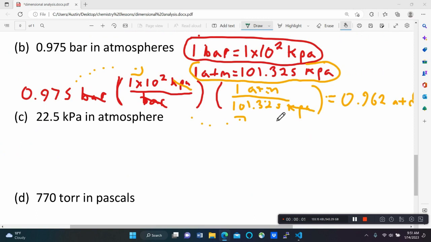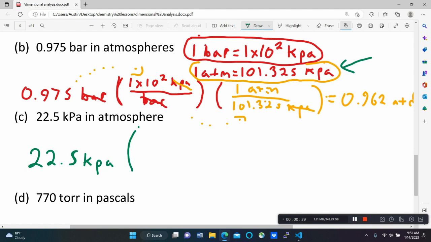So there's nothing special about our third example problem, where we're asked to convert from 22.5 kilopascals to its equivalent value in atmospheres. We already know from the second example problem that for every atmosphere, every ATM, you have 101.325 kilopascals. So what we're going to do here is multiply our initial pressure, 22.5 kilopascals, by the ratio of ATM to kPa.